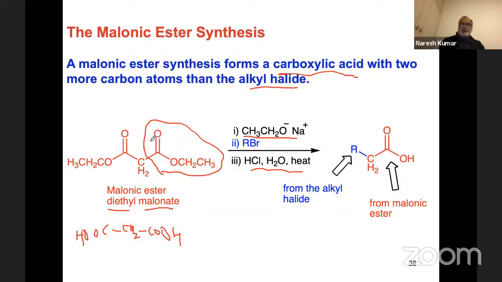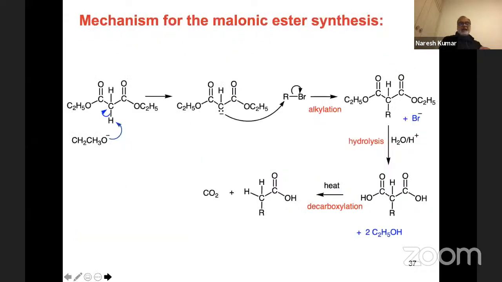And you're also wondering what happened to the other carboxylic acid as well, and that becomes clearer when we go to the next slide. So this is the mechanism now shown for this reaction. How does it work? This is our ethoxide base, the sodium ethoxide, and it is good enough to remove one of the protons from the CH2.